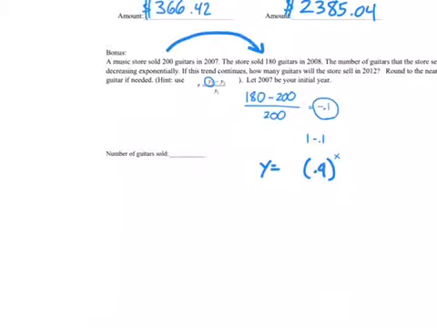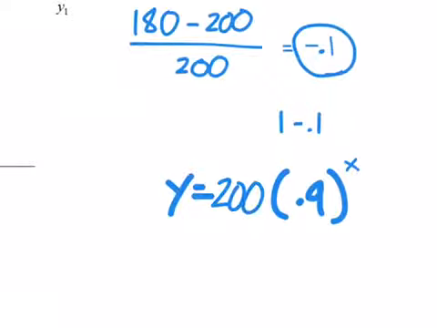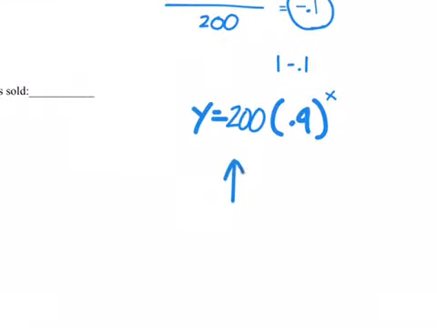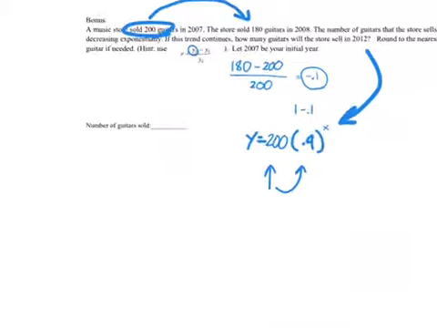And then for our equation, the A value is always that initial number, which was 200. So the reason this equation works is that's the initial amount, and each year we're only selling 90% of what we sold in the previous year. And they wanted us to estimate how many we will sell in 2012. Well, 2012, if we subtract the initial 2007, is 5 years later.